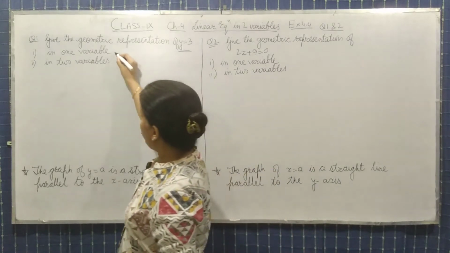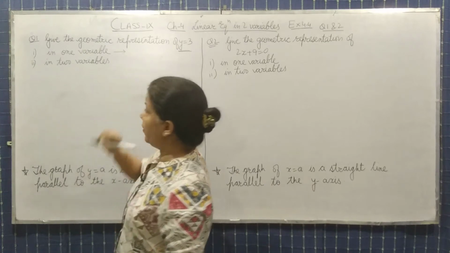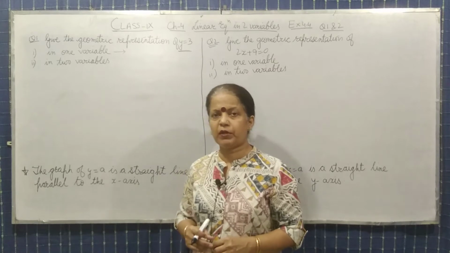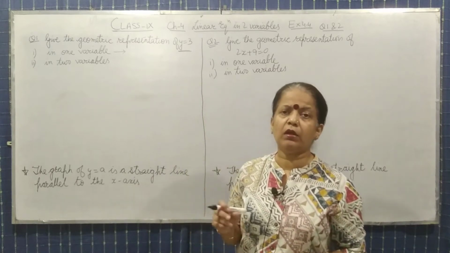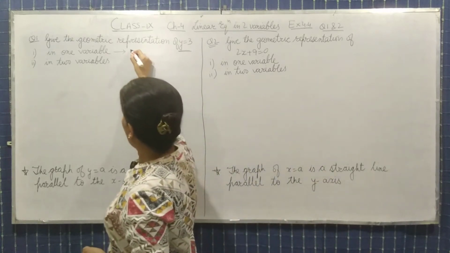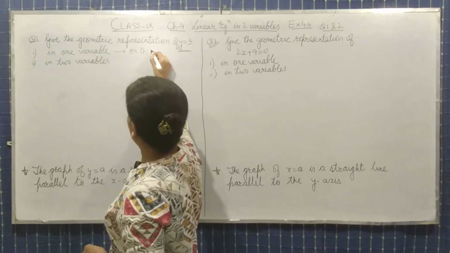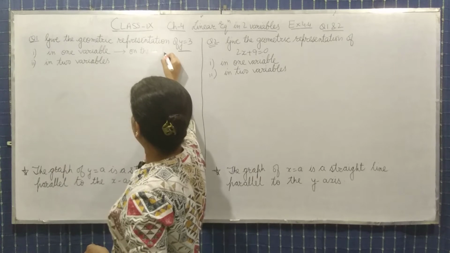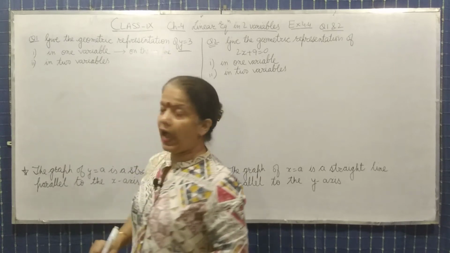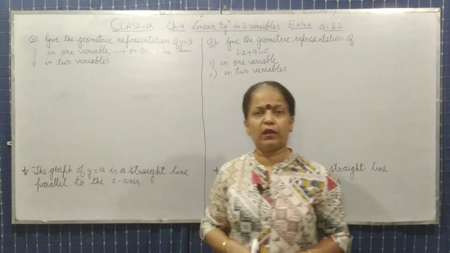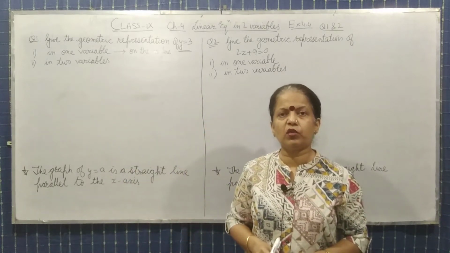Remember, when they are talking about one variable, it means you have to represent the linear equation on the number line. For two variables, the second part, they have asked to represent the linear equation in two variables.